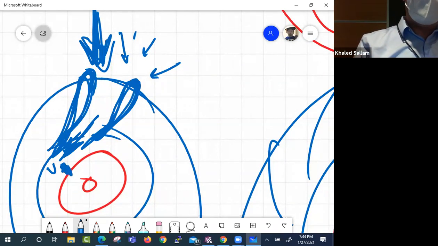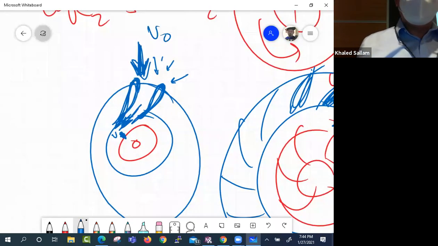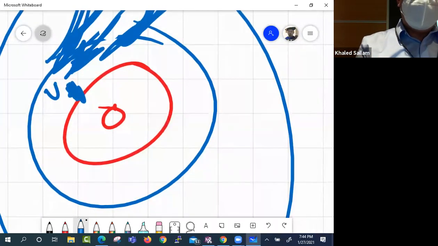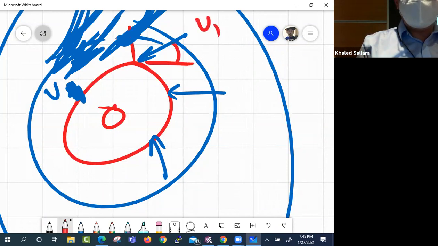So maybe we should call this V naught. V naught is before the stator, and V1 is after the stator, which is the inlet to the rotor. Now V1 will be coming like this, like this, like this, and for each of those cases, you can see how this V1 can be split into V1 theta and V1 R.